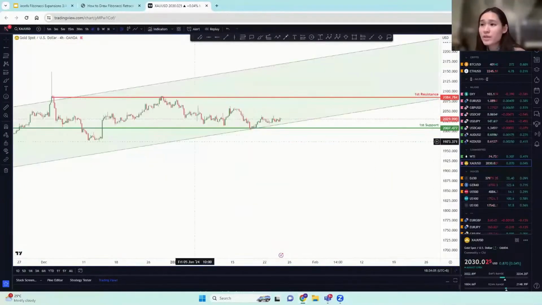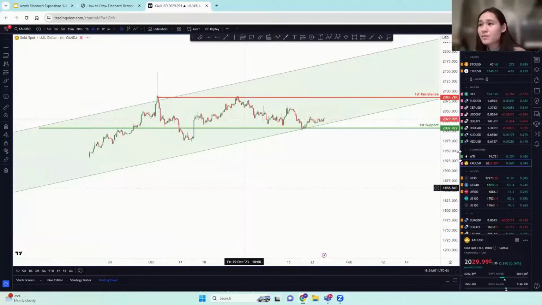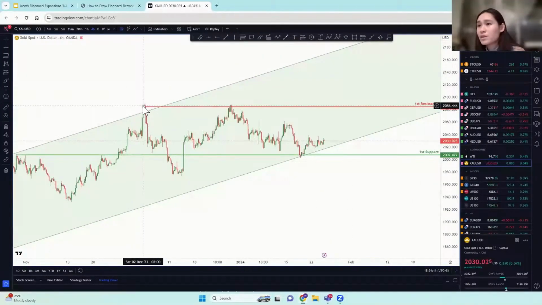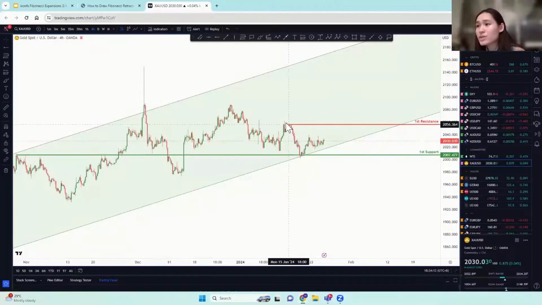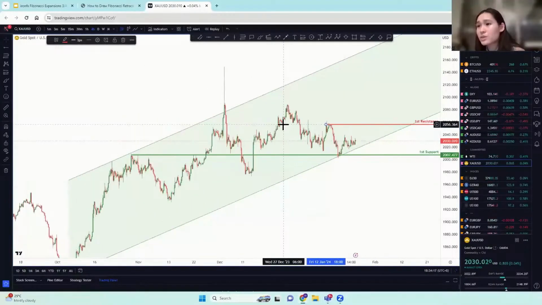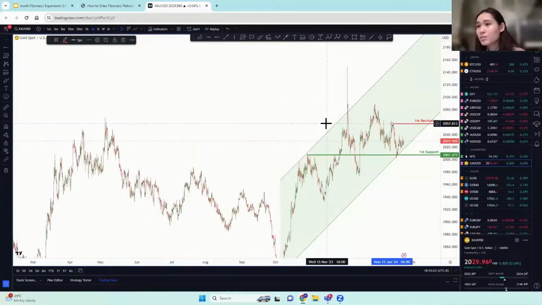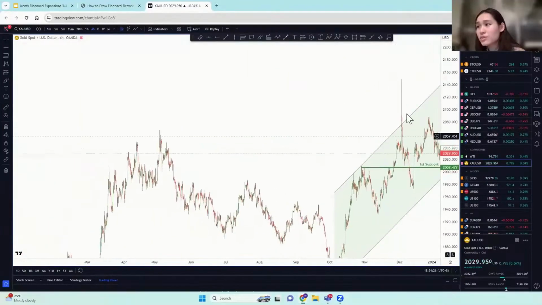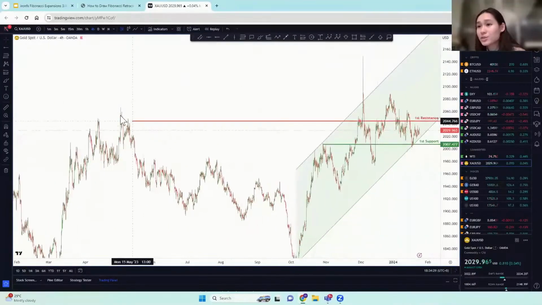Let's look at our 4-hour time frame now. On our 4-hour time frame, our first resistance would be a little bit closer to where price is at, which is over here. And you want to try and pull it back as far as you can, just to see if you can spot any significant levels.